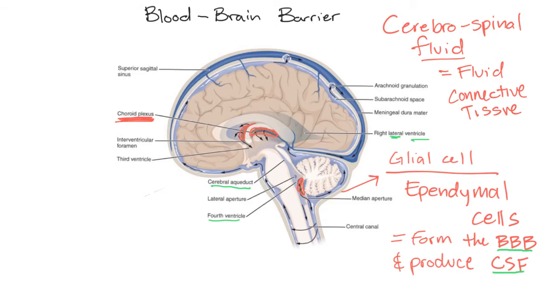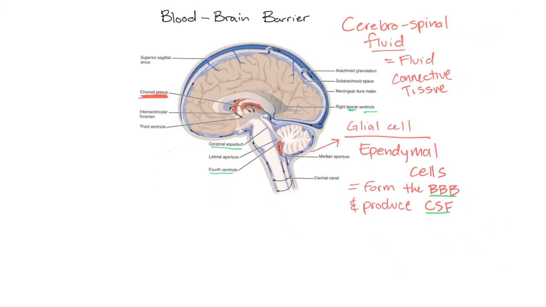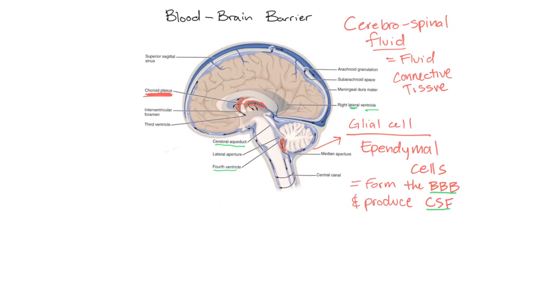Now, there's another glial cell which is important for this mediation between blood and brain. The second one is called an astrocyte.